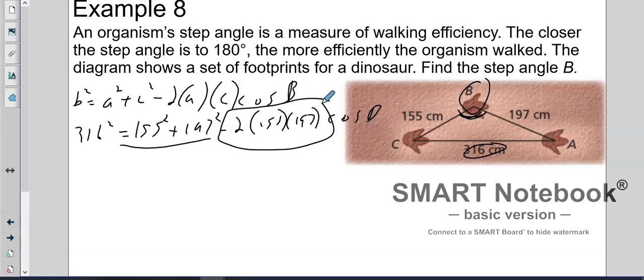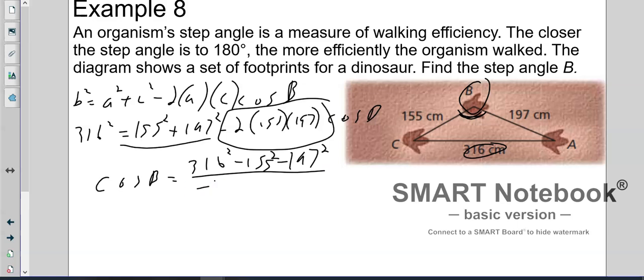So another way to do this, and you pick which one you like. I'm doing two different examples in 7a, the same math. But cosine of B is equal to 316 squared minus 155 squared minus 197 squared. If you look back at the previous problem, that's what we end up doing. We just had all these numbers first. And then you divide by whatever this was in front of the cosine B.